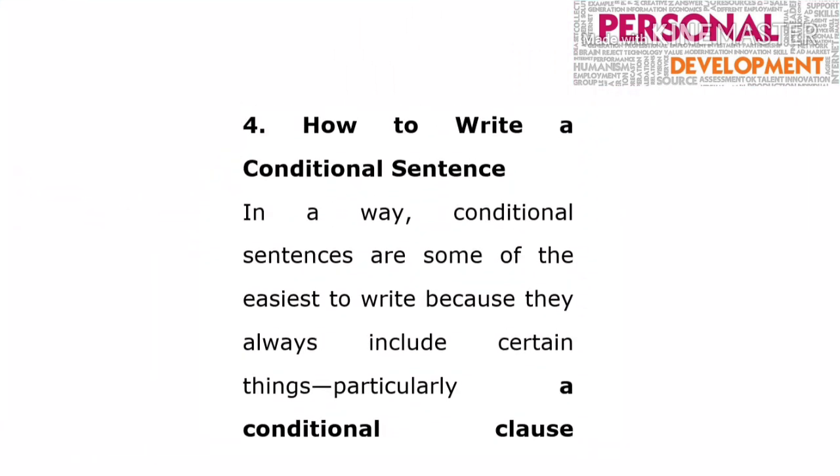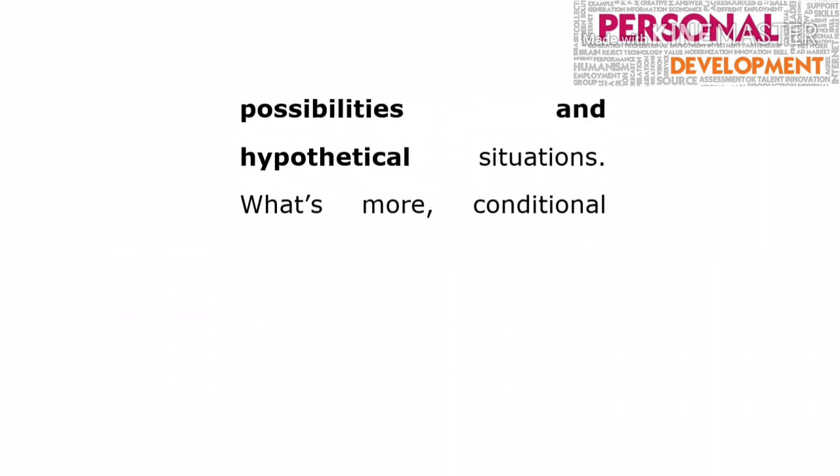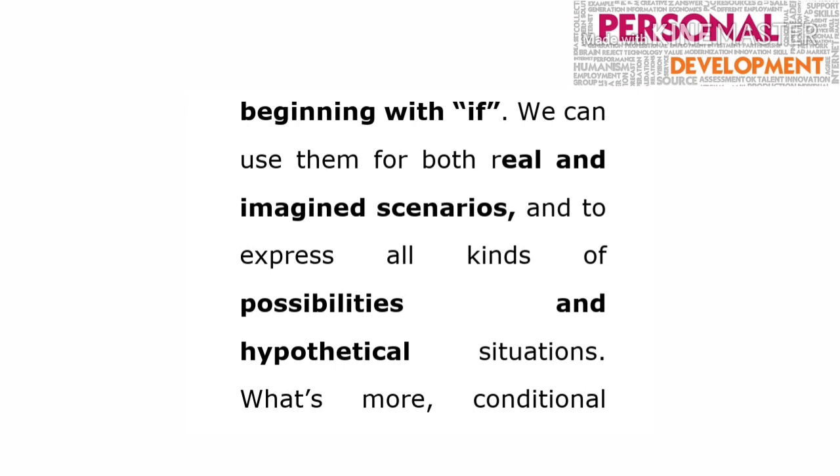How to write a conditional sentence? In a way, conditional sentences are some of the easiest to write because they always include certain things, particularly a conditional clause beginning with if.